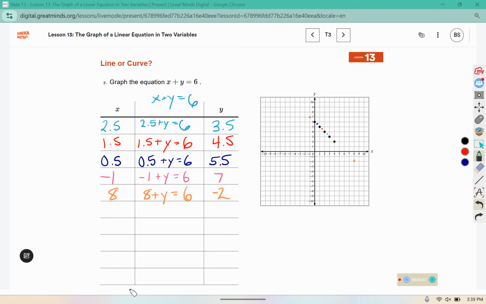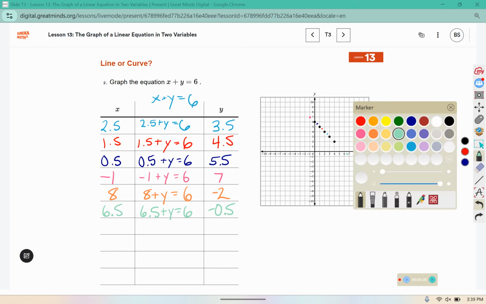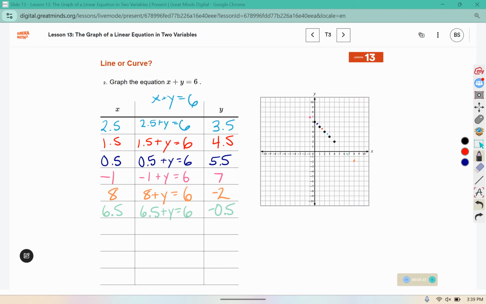We could do 6.5. 6.5 plus -0.5 is 6. We could do 5. 5 plus 1 is 6.